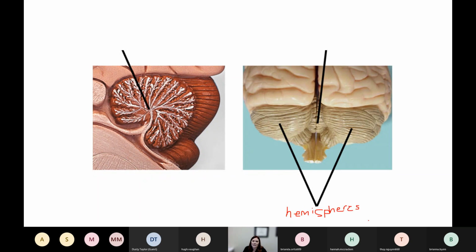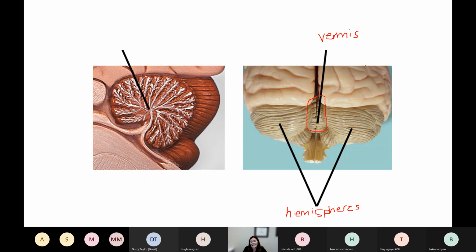Connecting those two hemispheres together, we have this little thing right here, I'm circling it. Its name is the vermis, and this word vermis literally means worm. So we've got this little worm-looking structure that connects the two halves of the cerebellum to each other.